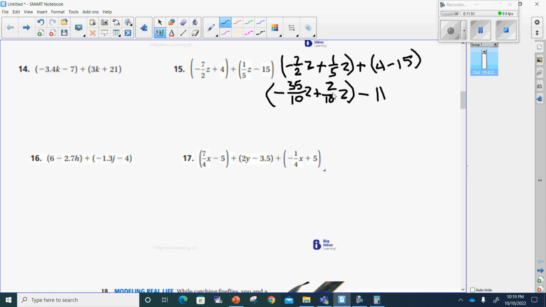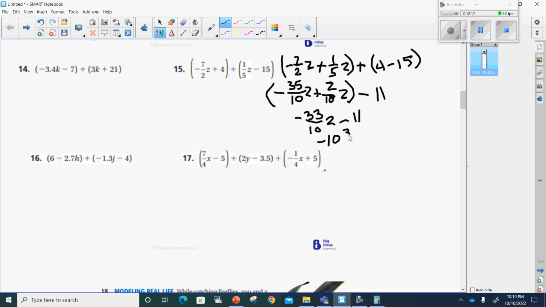Negative 35 plus 2 is negative 33 over 10 z minus 11. I can change this into a simplified version because 10 goes into this 3 times.